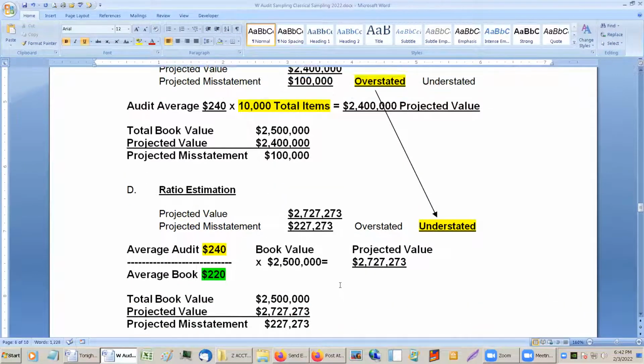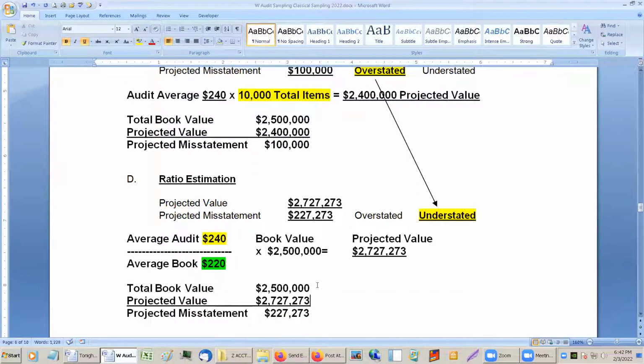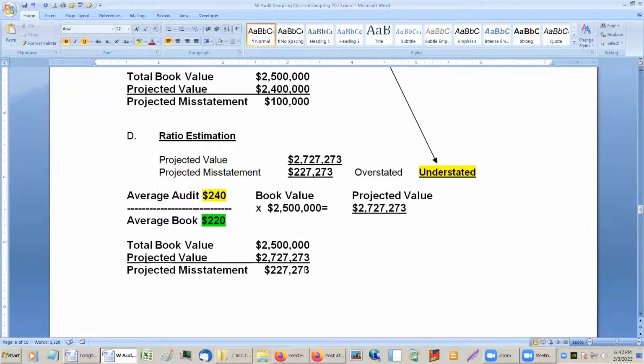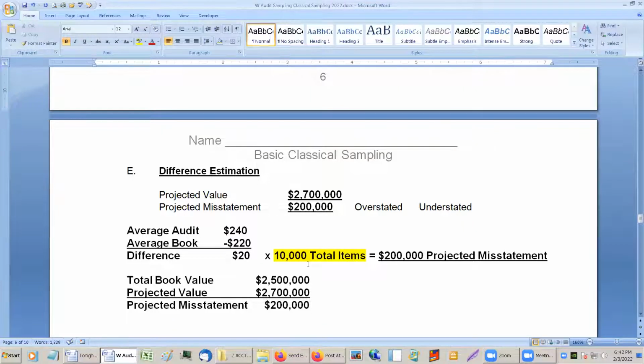Okay, so ratio estimation, understated, and difference estimation. We're saying that each one should be $20 higher, so this $20,000 projected misstatement should be higher.